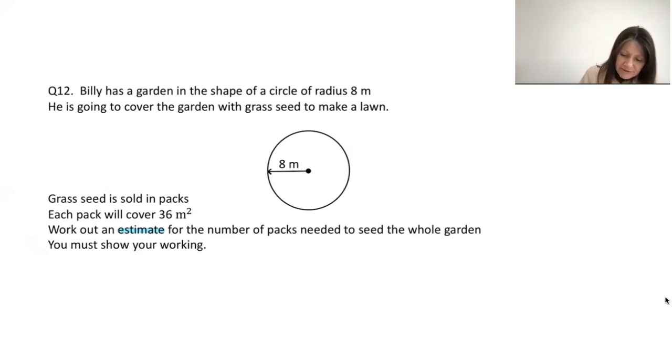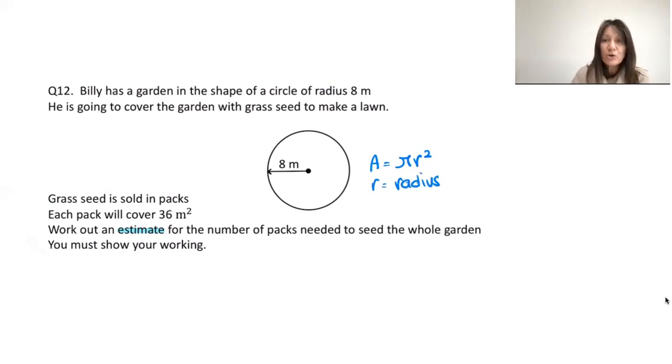Now, to find the area of a circle, we need pi r squared, where r is the radius. If you pressed play because you were completely stuck and weren't able to get started, or you now know that what you did must be wrong because of this new information, then feel free to hit pause again, take this hint and see how far you might get with it.